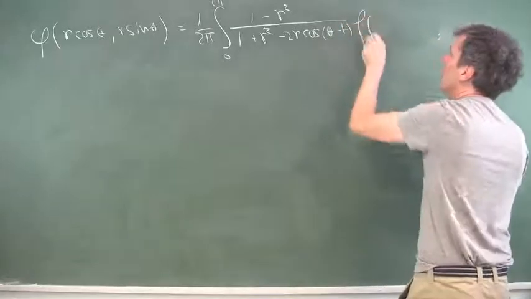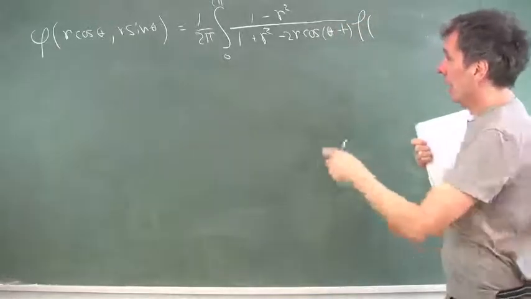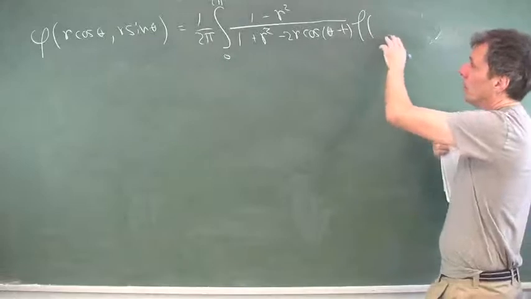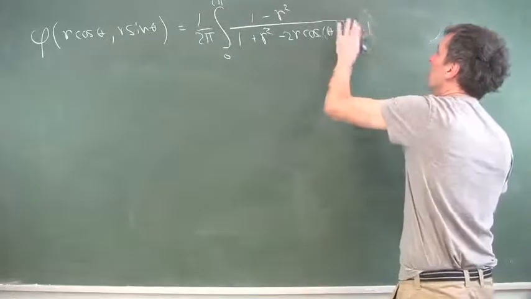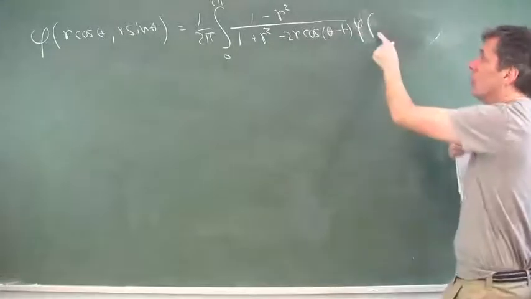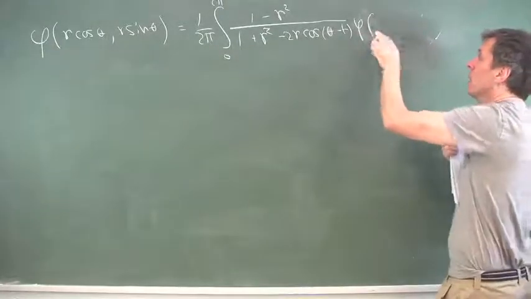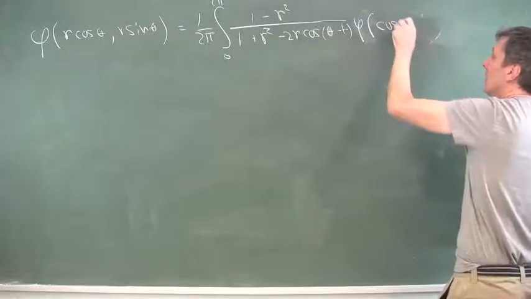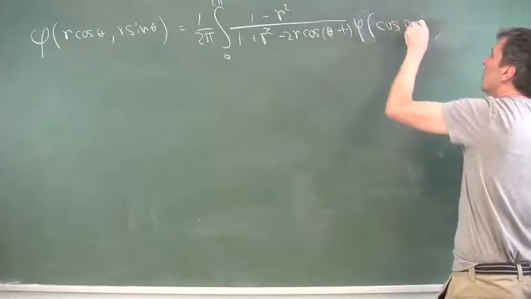And then we have the function phi at the point that I before wrote as e to the it, but now I simply write it in real notation in this way.